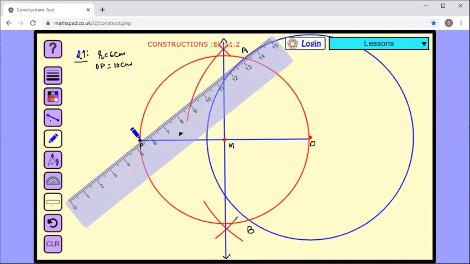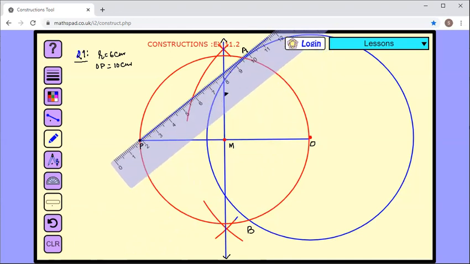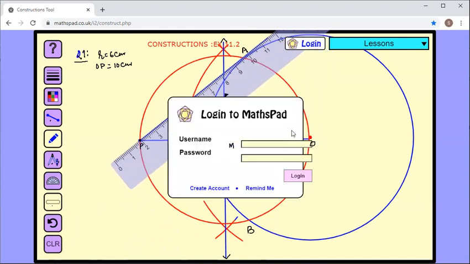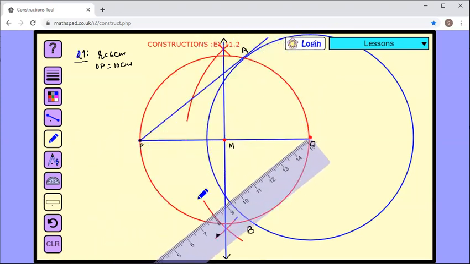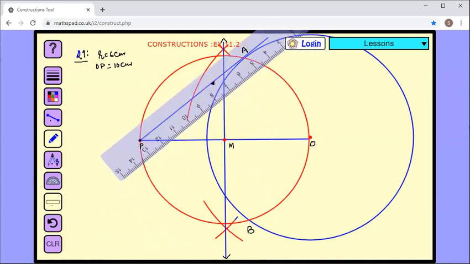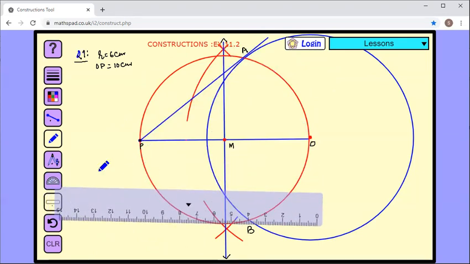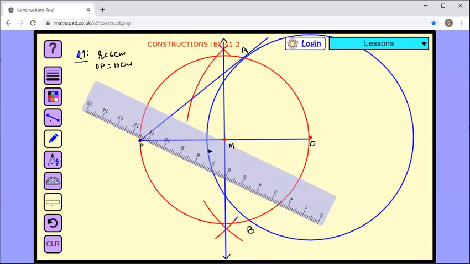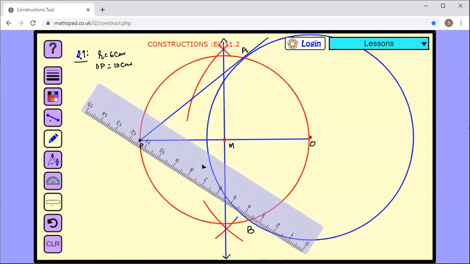And draw the line segment like this. And then again lift your scale and join the point PB from here.